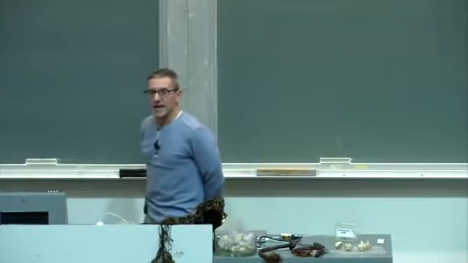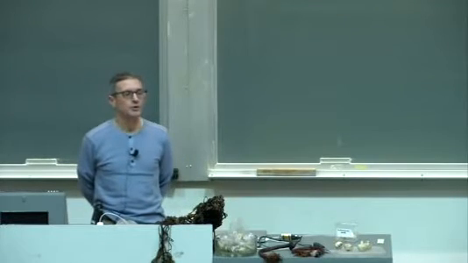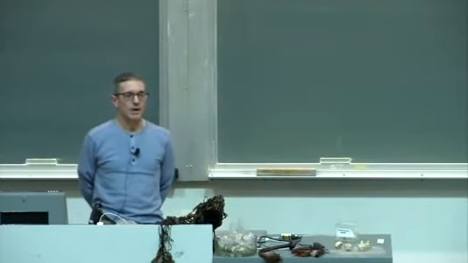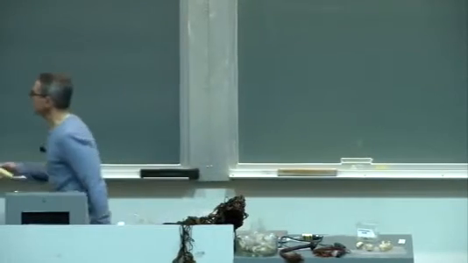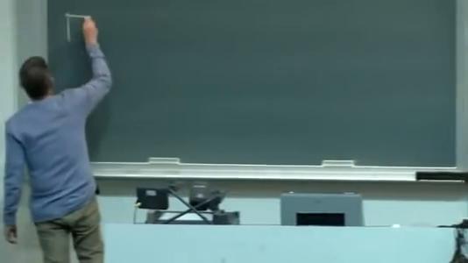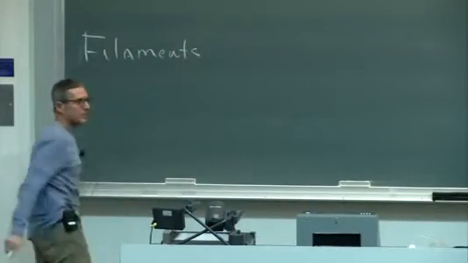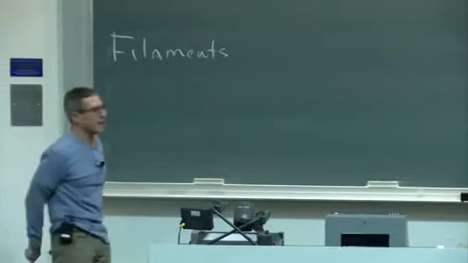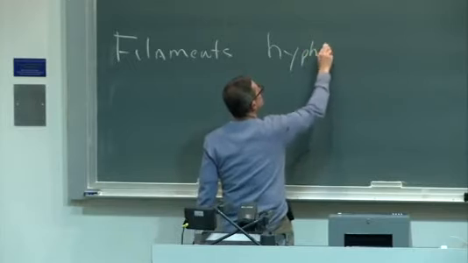Okay, today what I'd like to do is to continue talking about the fungi, which I introduced you to on Wednesday. We said that the fungal body was composed of filaments. And biologists give a special name to the filaments that compose the fungal body. A single filament is called a hypha.